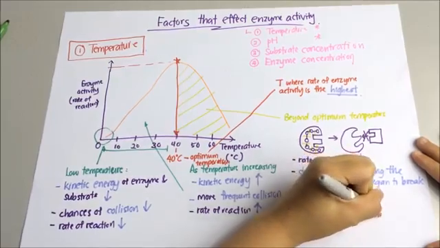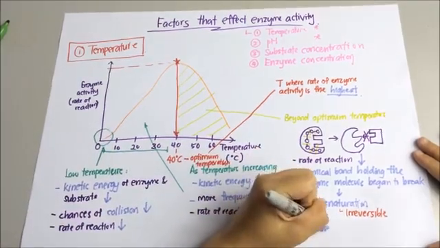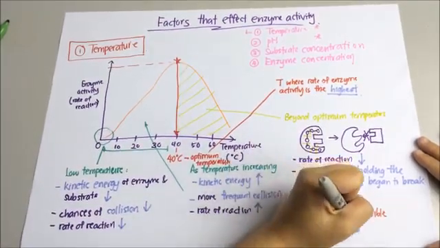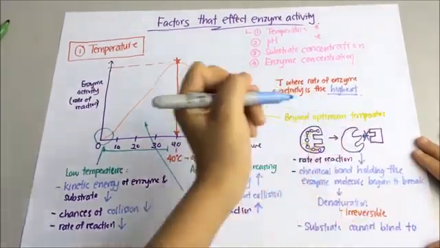And it is important to note that the effect of temperature is irreversible. It means that even though you have lowered the temperature, the denatured enzyme will not recover again.